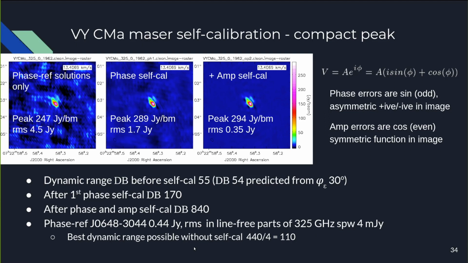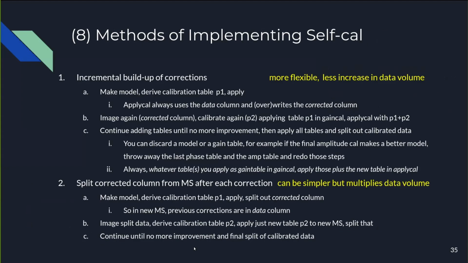Okay, so there are two ways that you can build up the self-calibration corrections. And the way that we've been doing it is to always work on the same measurement set, but to accumulate gain tables. So the first time we just applied gain table phase 0 in apply cal.